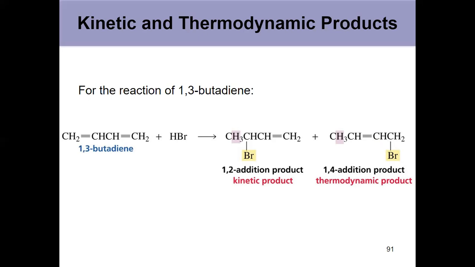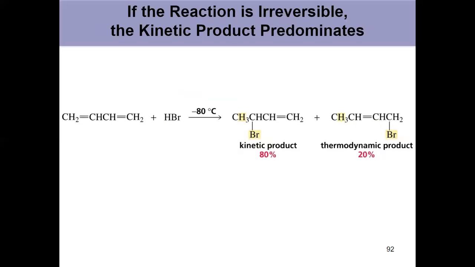And this is where we have to think back to when we first started talking about alkenes. Why are they different? Well, if I run this at a cold temperature, then my kinetic product predominates. The 1,2 addition in this case is the kinetic product.